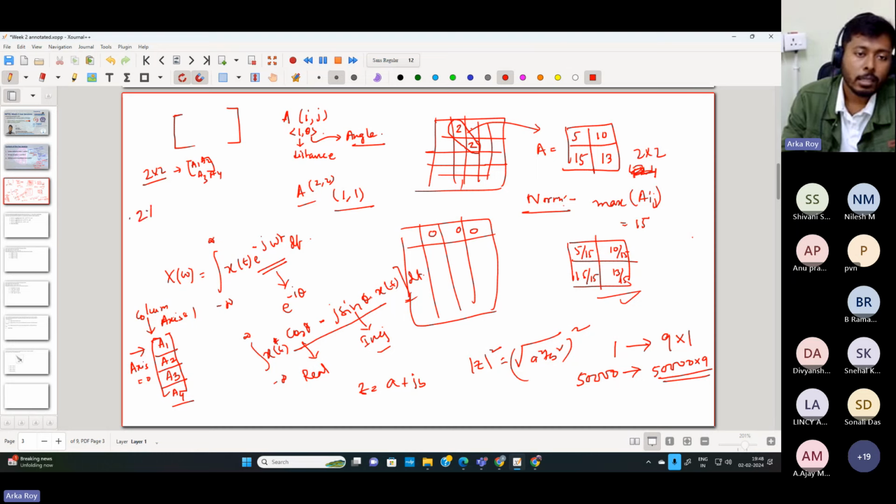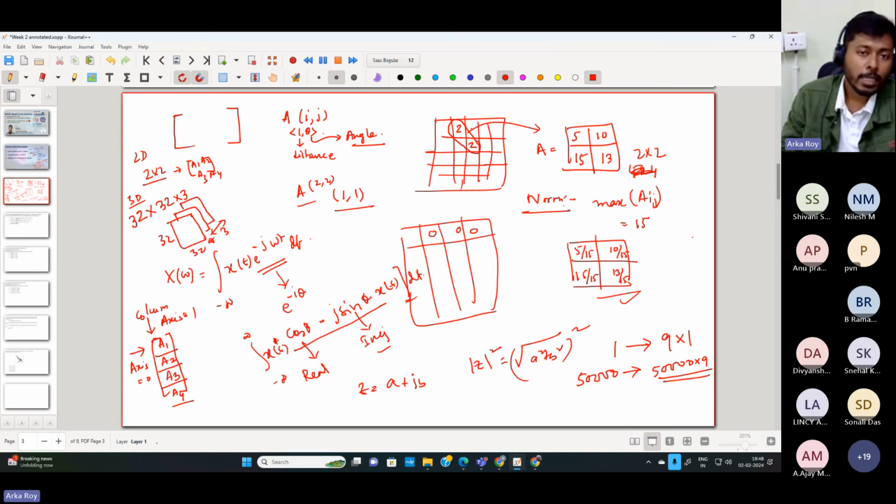Now you can think of a 3D matrix. Let us consider, for example, images of shape 32 by 32 by 3. So this is 32 by 32, and three such arrays are there. So this is the 2D case, and this is the 3D case.